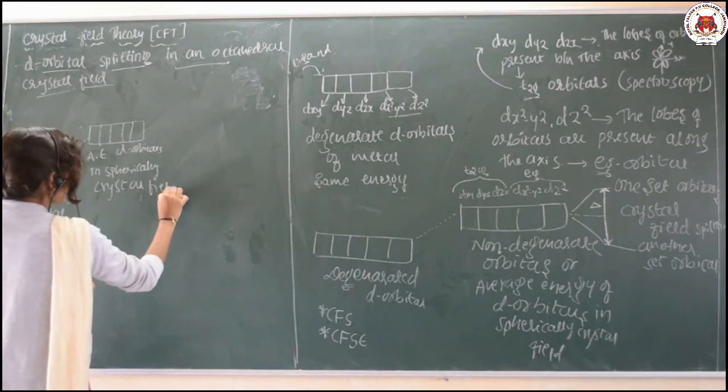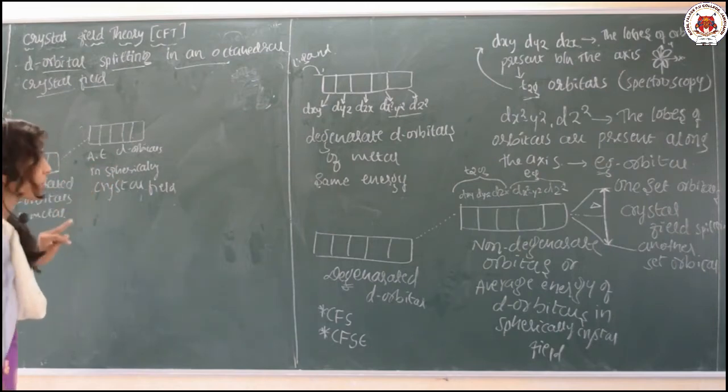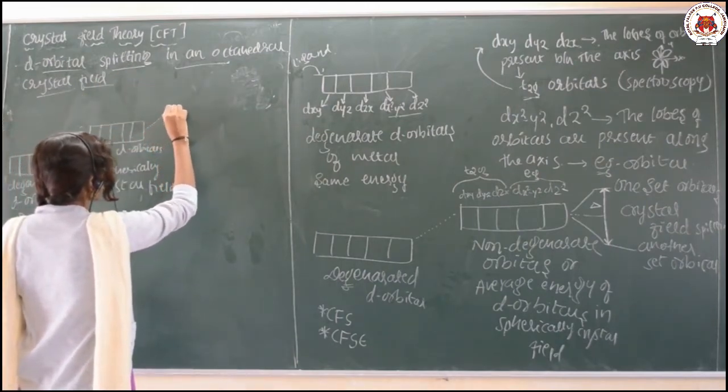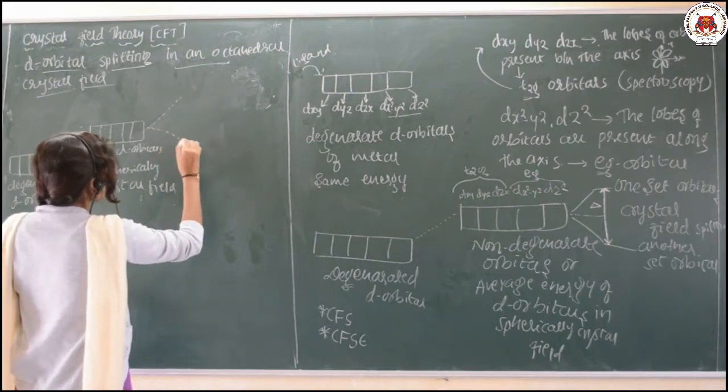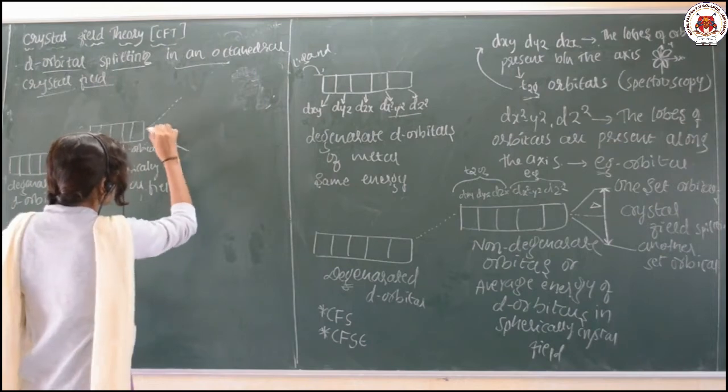Okay, same thing. Now the ligand approaches, which type of ligand? Six, it means an octahedral field. In the octahedral crystal field, the splitting of these degenerate orbitals takes place.